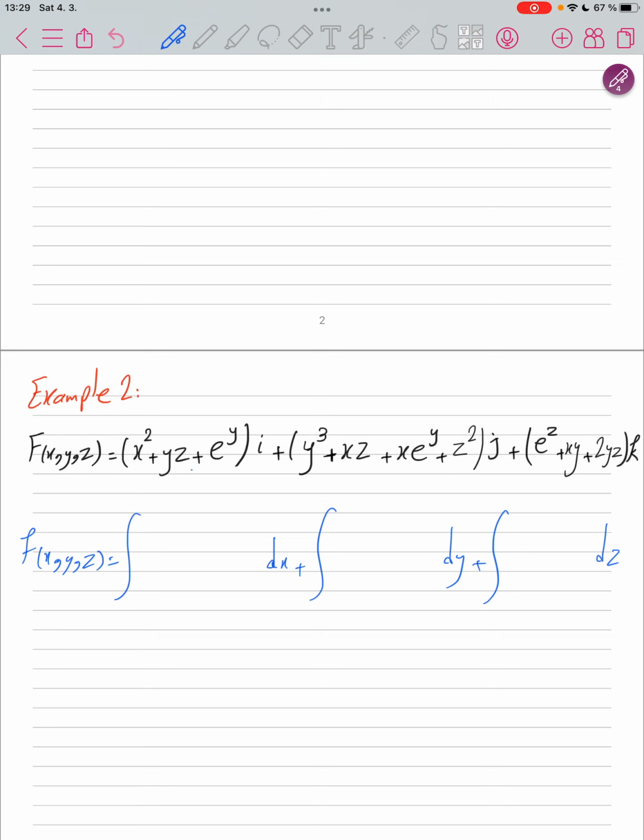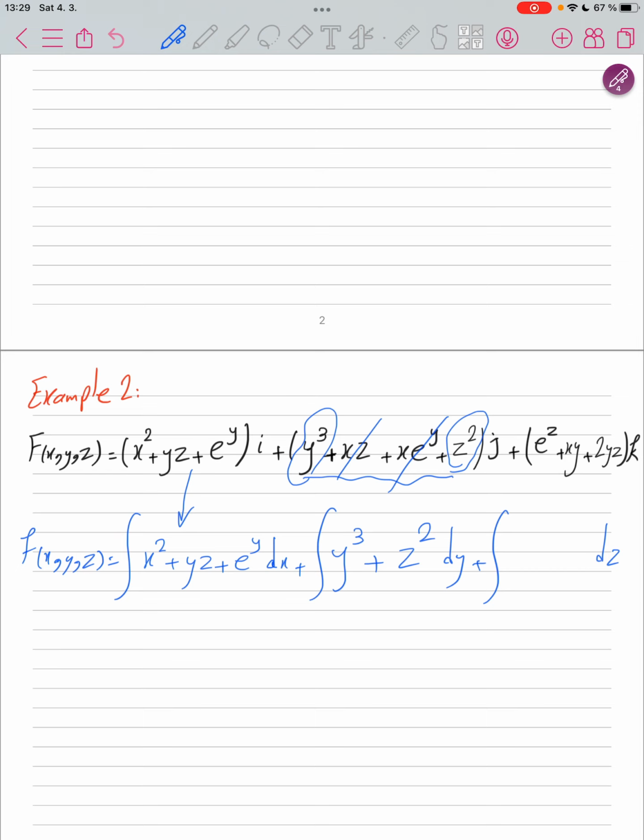Okay, put all the terms of the i component here, x squared plus yz plus e to the y. Now, here, just ignore all the terms which contain x. Okay, ignore this. Then what we have is this term and this term. Therefore, I have here y cubed plus z squared.